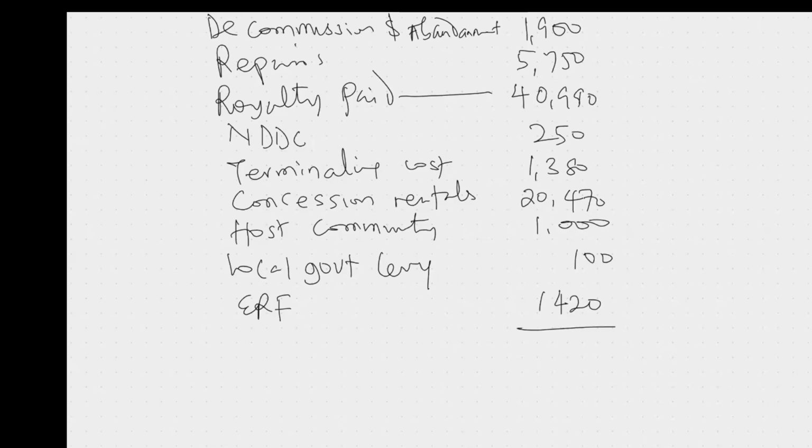Now, when you get to this point, you will need to go and compute your cost profit ratio. How do you compute your cost profit ratio? You remember in my last class with you, we did that.